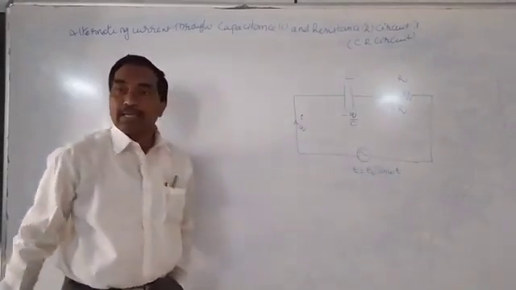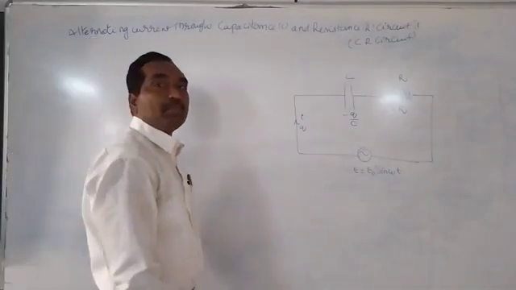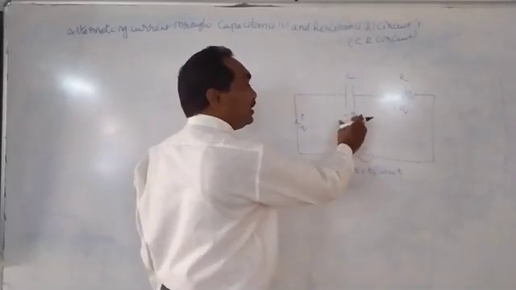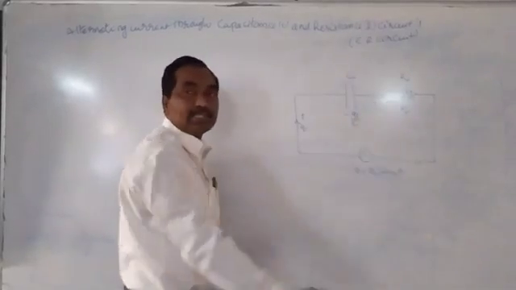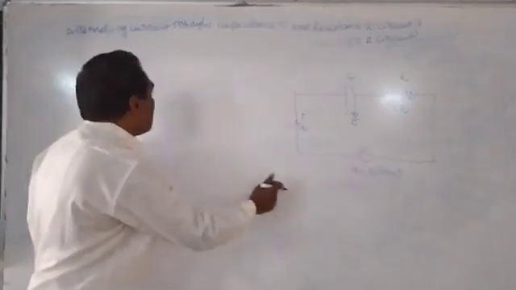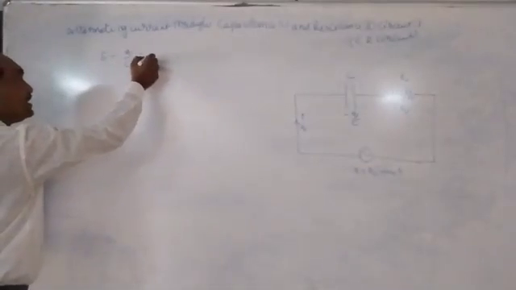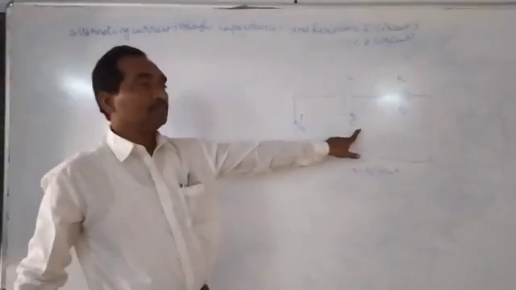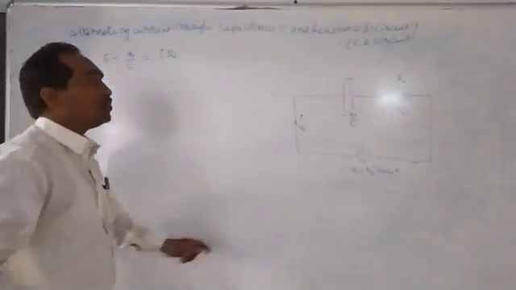Now we apply Kirchhoff's second law: in a closed circuit, the algebraic sum of the EMFs is equal to the potential across the resistance. How much EMF do we have? E is EMF and minus Q by C is also EMF. That is equal to the potential across the resistance, IR.